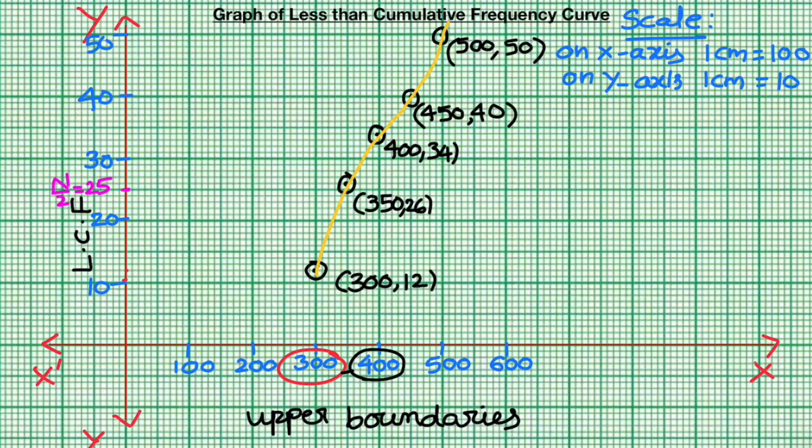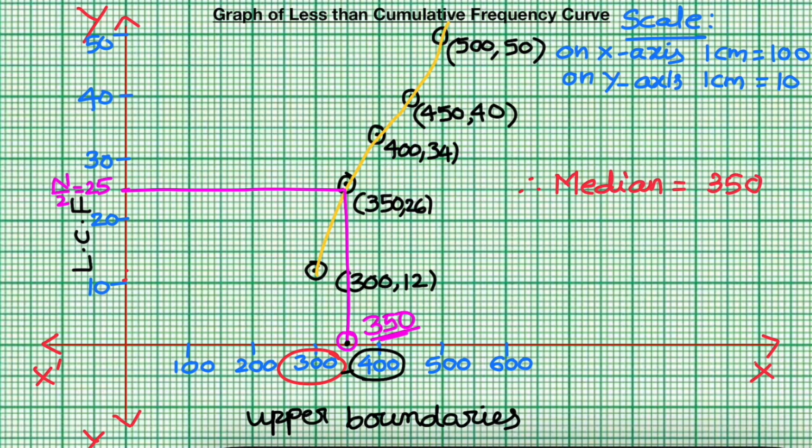From this point, I draw a line parallel to the x-axis, cutting the curve at this point. From this point, I draw a perpendicular to the x-axis. Here, the intersecting point at the x-axis represents approximately 350. Therefore, the median of the given data is 350.